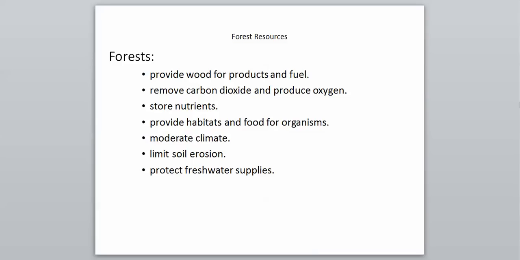They provide wood for products and fuel. They remove CO2 and produce oxygen, because obviously there are a lot of trees. They store nutrients. They provide habitats and food for organisms. They help moderate the climate. They help limit soil erosion, and they protect all of our freshwater supplies. So forests are extremely important.